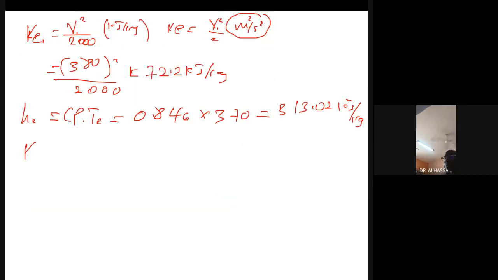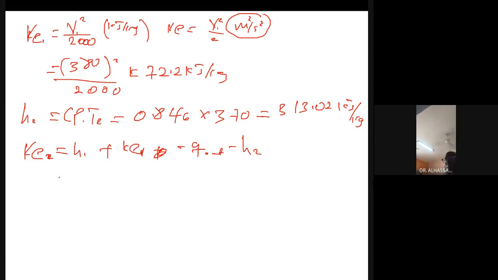KE2, kinetic energy at state 2, equals to H1 plus kinetic energy at state 1, minus Q out, minus H2.